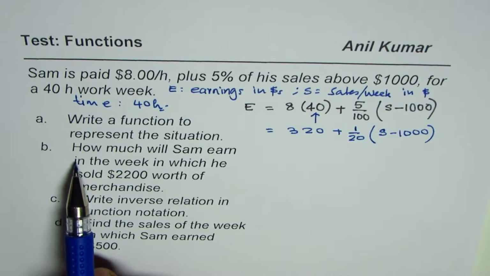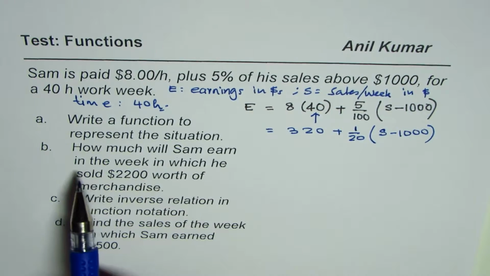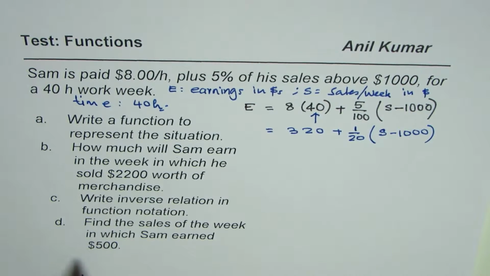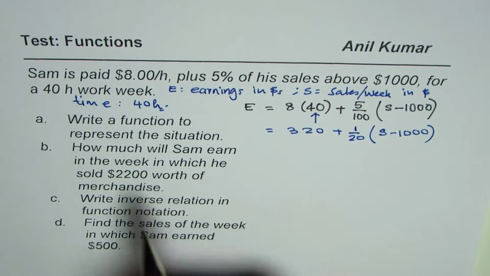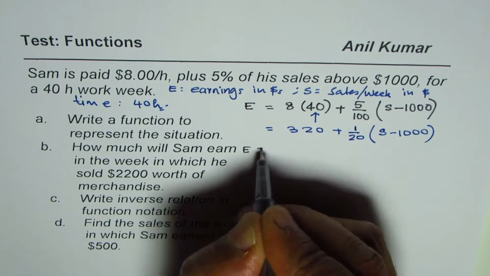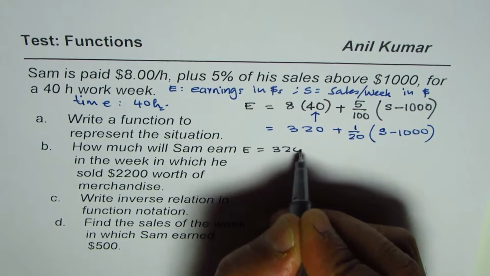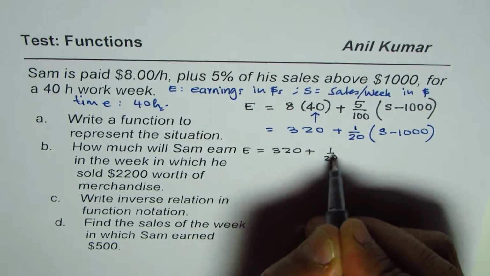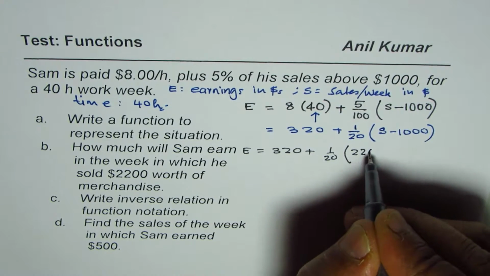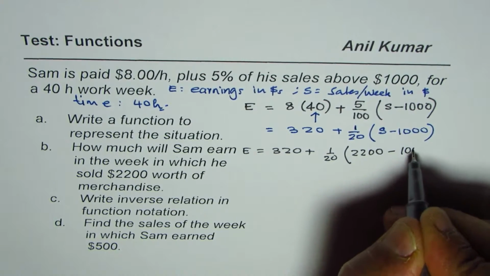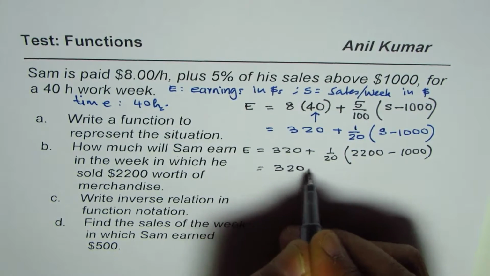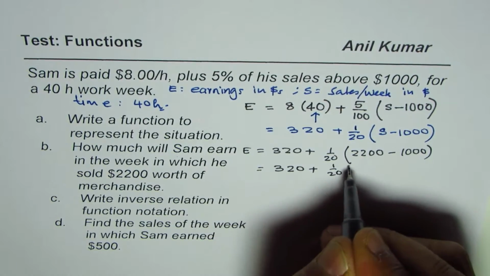Now part B is, how much will Sam earn in the week in which he sold $2,200 worth of merchandise? That means S is $2,200. So the earnings will be equal to 320 plus 1 over 20 times 2,200 minus 1,000. You can calculate using a calculator or like this.